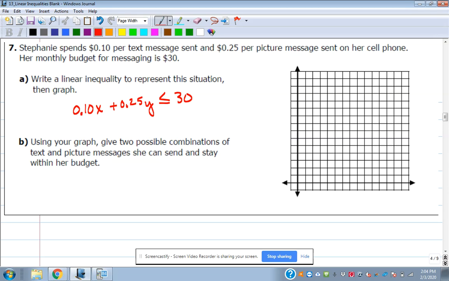Get Y by itself. So subtract 0.1x. That'd be 0.25y is less than or equal to negative 0.10x plus 30. Divide by 0.25.